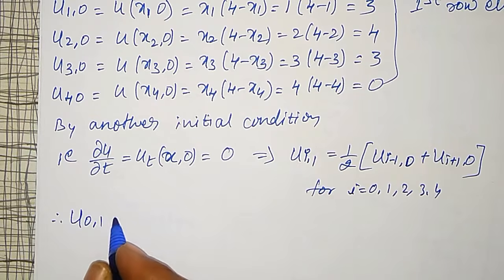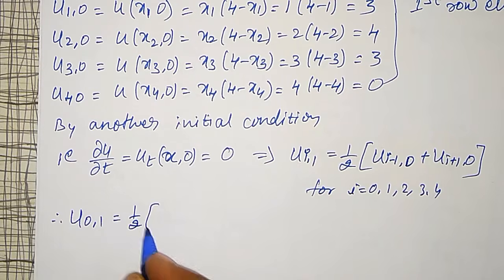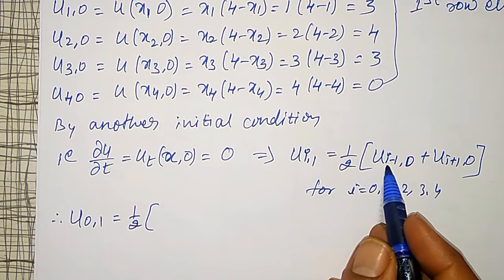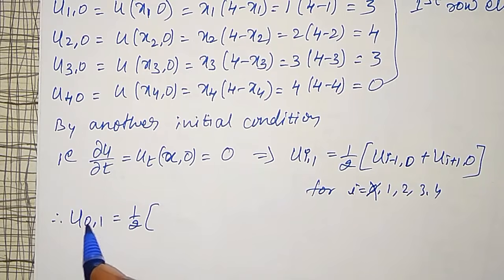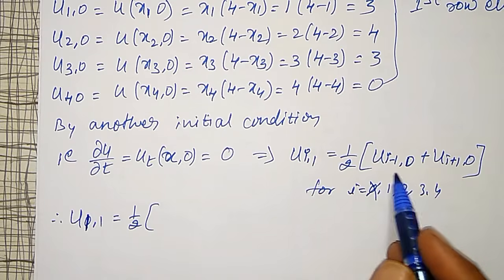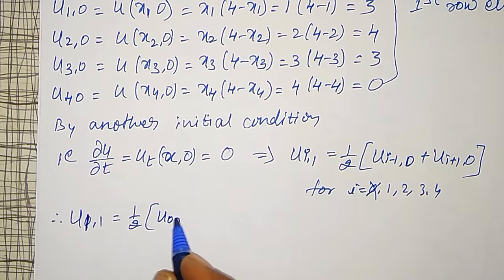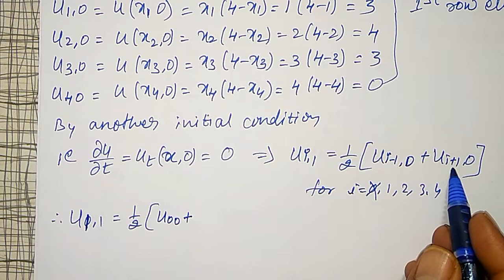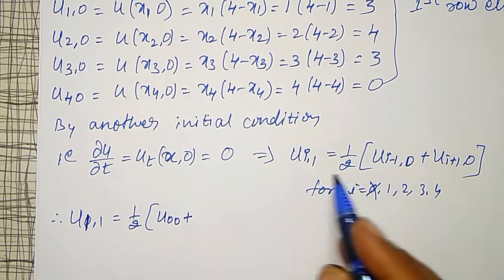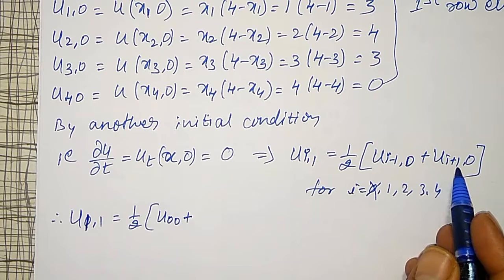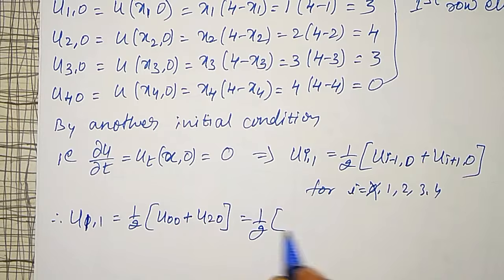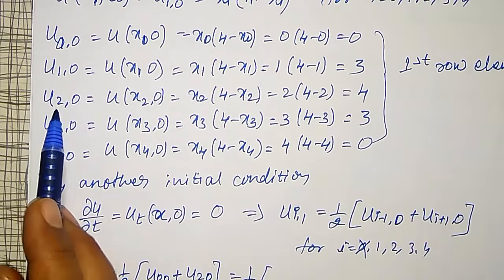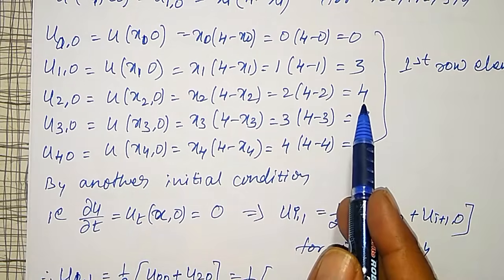Therefore u0 comma 1 equal to 1 by 2 times, I am using i equal to 0, therefore minus 1 does not exist, so i equal to 0 will not exist. Therefore let me start with u11. For i equal to 1, it will become u0 comma 0 plus u2 comma 0, and these two are already calculated, u00 and u20, whose values are 0 and 4.